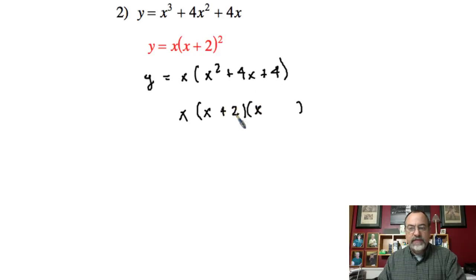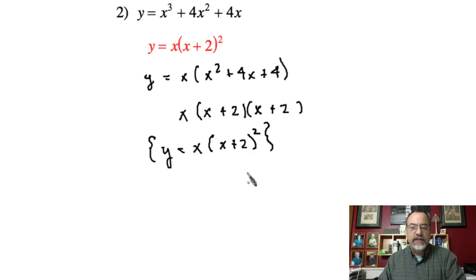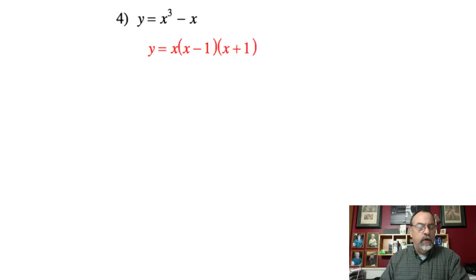And this is actually a perfect square, so I could either write it like this, or the more conventional way to write it would be this squared. So this would be that cubic factored. Again, each one of these is a linear factor. All right, we'll take a look at a couple more.